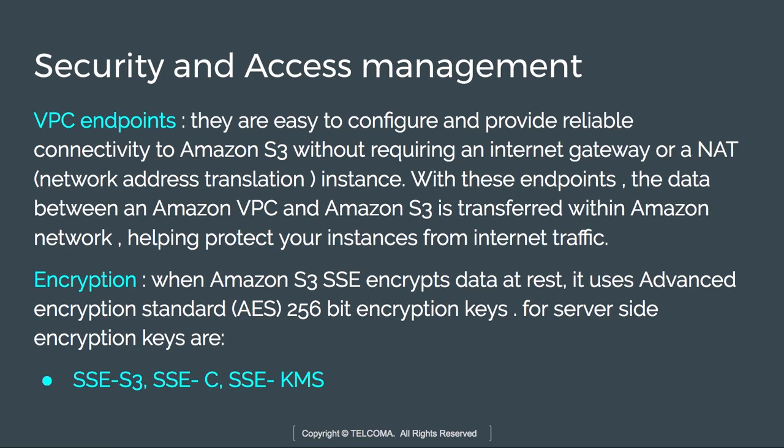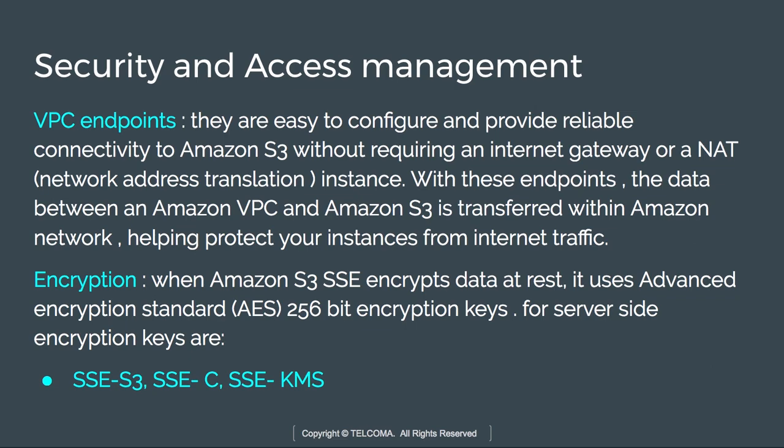We have VPC endpoints. Amazon VPC endpoints for Amazon S3 provide multiple levels of security controls to help limit access to S3 buckets. First, you can require that requests to your Amazon S3 originate from a VPC using a VPC endpoint.